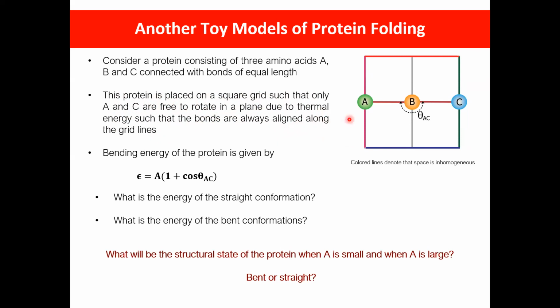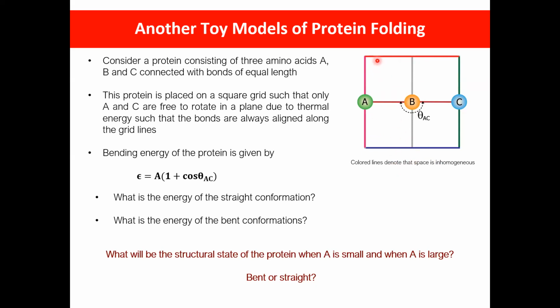So what is given to you is that this protein consists of three amino acids, and there are these two bonds, and since it is kept in a thermal environment, due to thermal fluctuations these bonds can rotate, and whenever they are rotating they can only align along these grid lines. Okay, so for example, A can go here, C can go here, and so on.